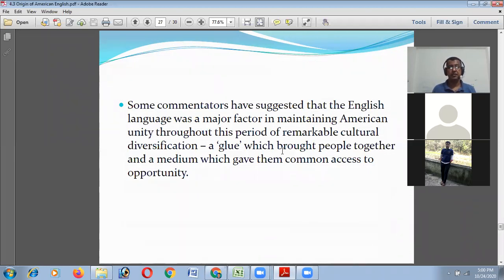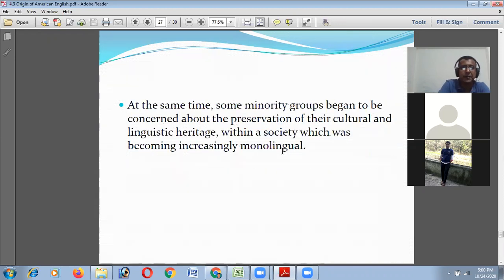However, we see the same linguistic pattern, and the English language has become like a glue that has attached many cultural groups together, and that is the ground for American unity. So the English language has become a ground root for American unity in such a way.